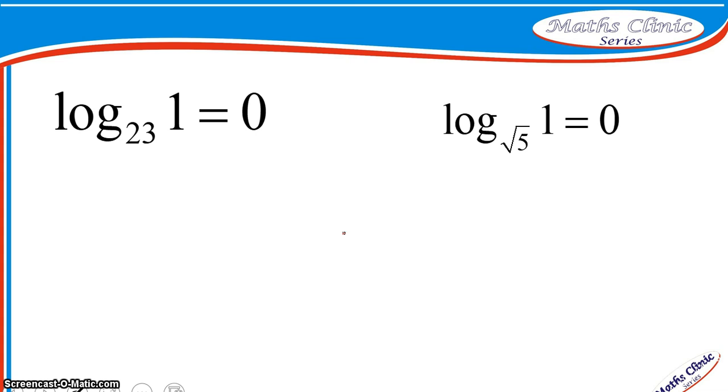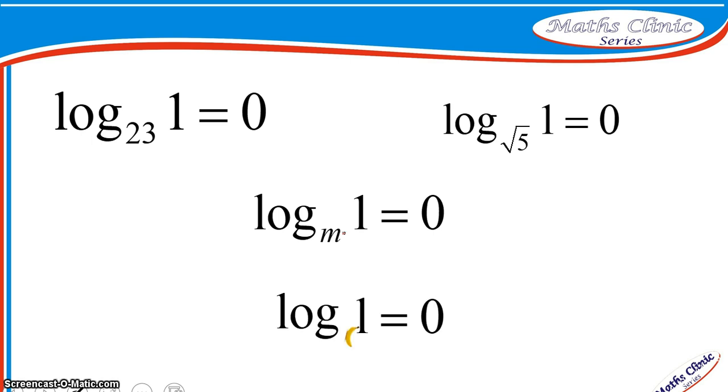Log base root 5 of 1 will give me 0. Then log base m of 1 is 0. So even if the base becomes banana and the number is 1, we still get 0.